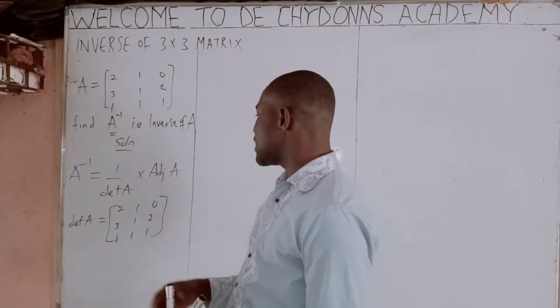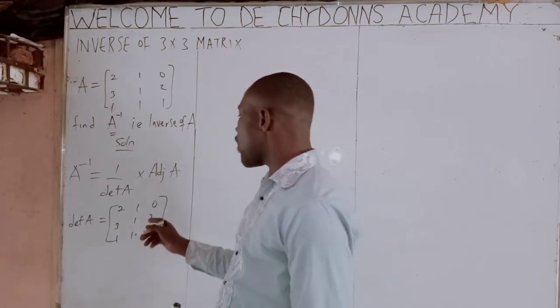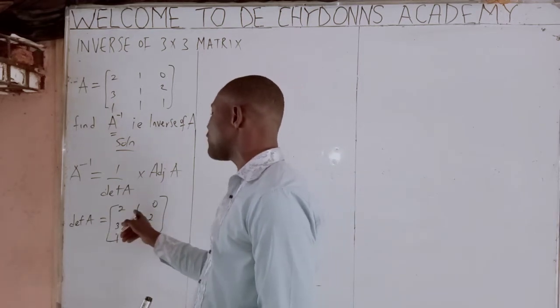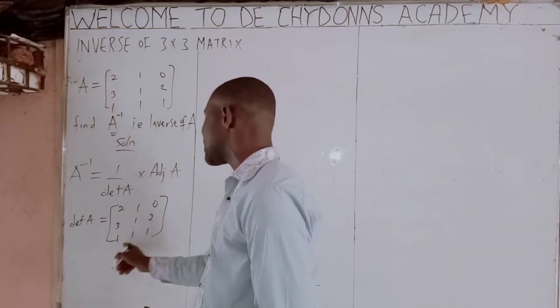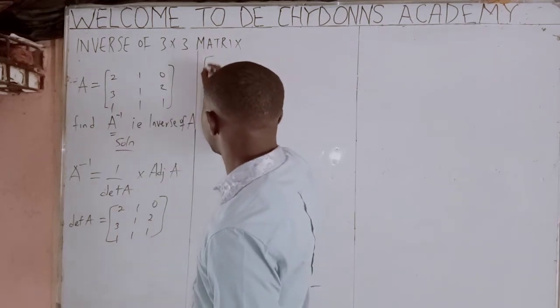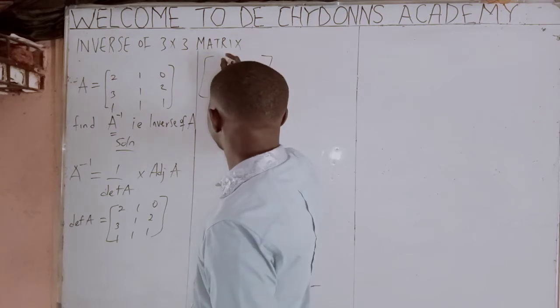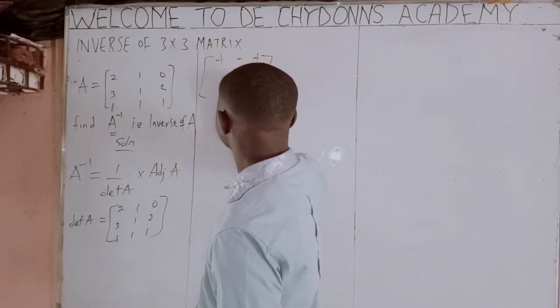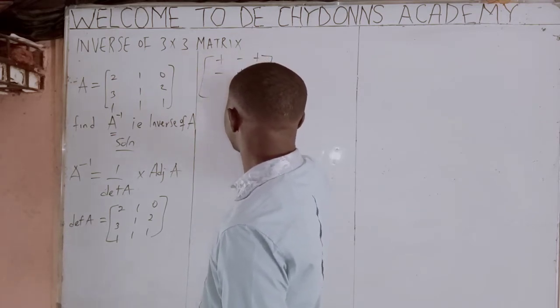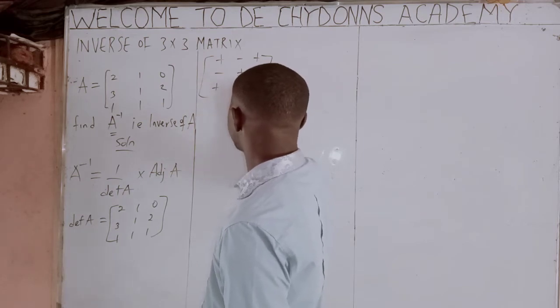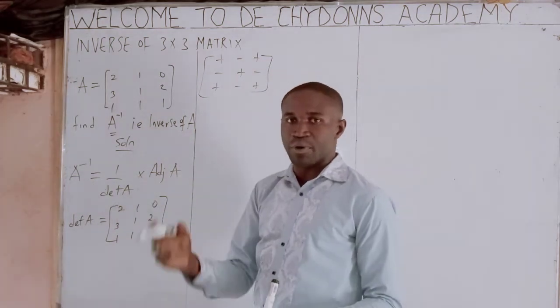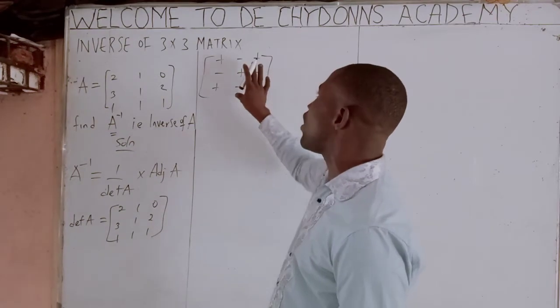Then after writing it, in the video before this, we are able to see the sign of each of the elements in this matrix. That the signs are put this way: plus, minus, plus, minus, plus, minus, plus, minus, plus. So try to check the previous video so that you see how we derive all these signs.